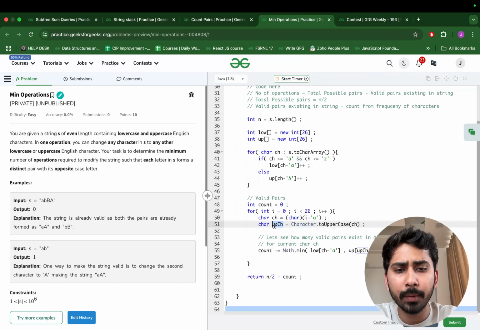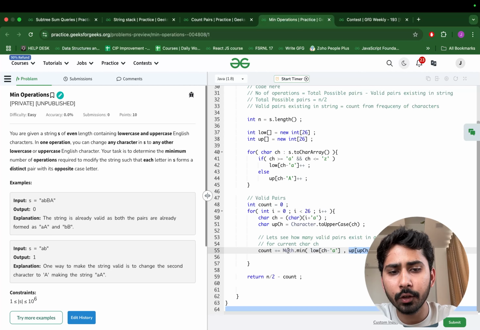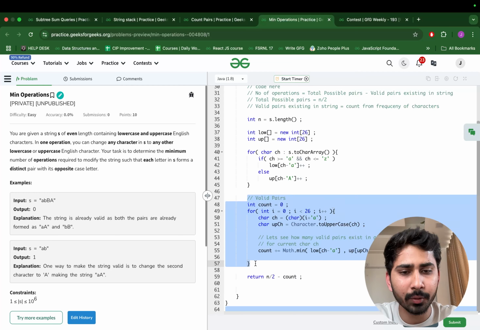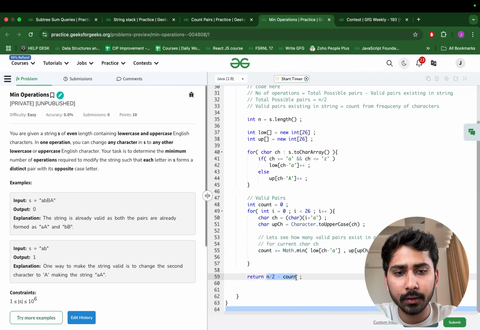Then I'm finding the uppercase character by using an inbuilt method that converts lowercase to uppercase. Then let's see how many valid pairs this lowercase character can form. It will be the minimum of the frequency of the lowercase character and the frequency of the uppercase character, and you add this to your counter. This helps us get the valid pairs, and at the end you just need to subtract total pairs minus valid pairs. So n by 2 minus count will give you the answer.